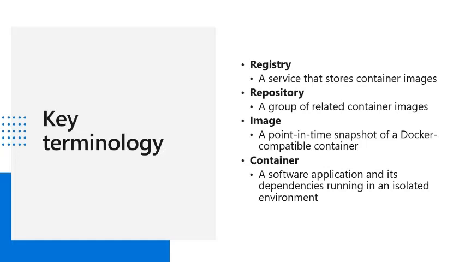Docker containers are fully portable to all major Linux distros, Mac OS, and Windows. So simply, a container defines a software application and its dependencies wrapped in a complete file system including code, runtime, system tools, and libraries.